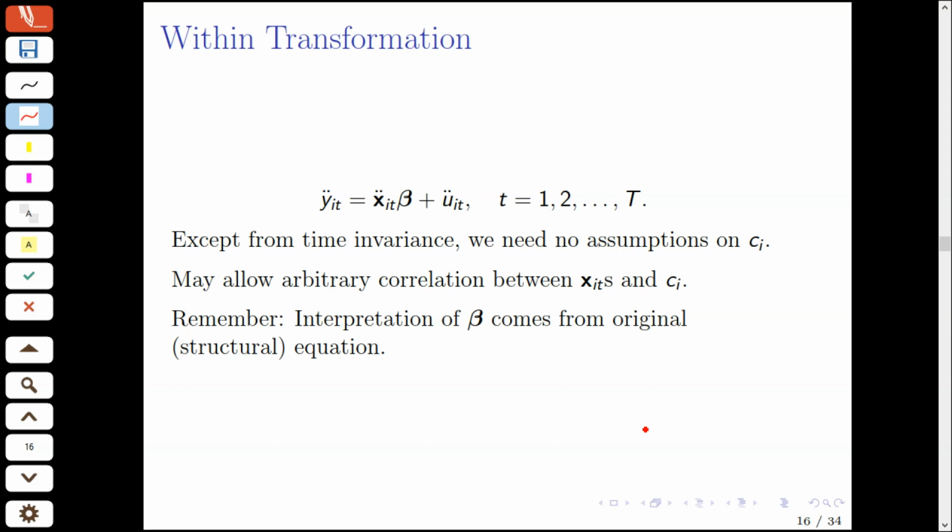Hence, we arrive at this estimating equation relating time demeaned variables to each other. Note here that except for the time invariance, we have imposed no assumptions on the individual effect. In particular, so far, we could still allow for arbitrary correlation between the regressors in any time period, as well as when compared to the individual effect.